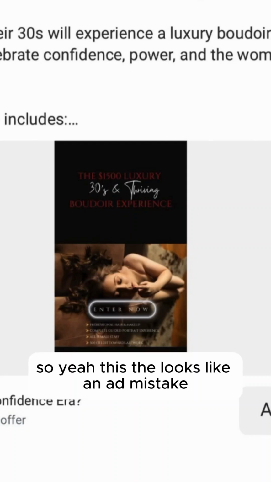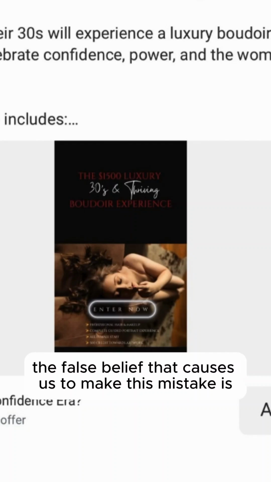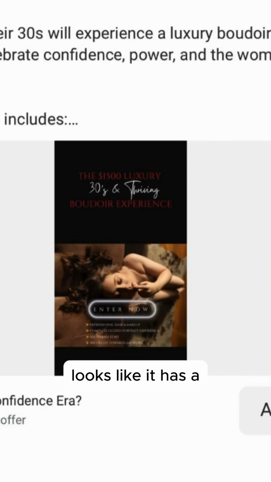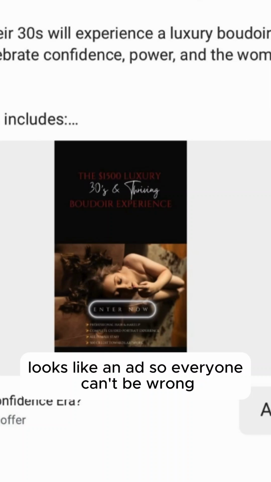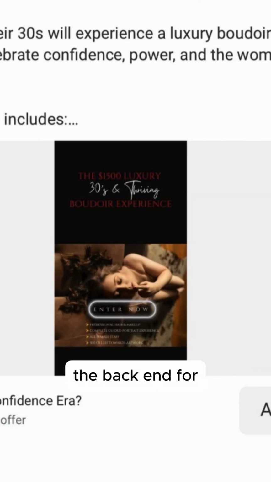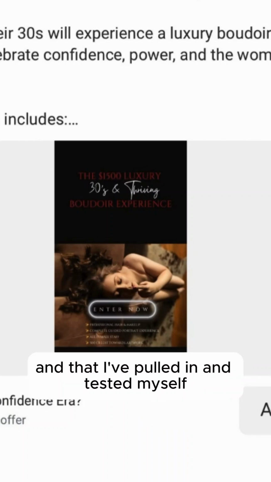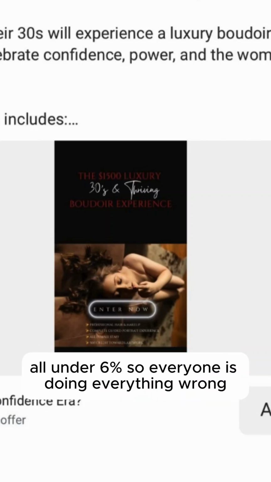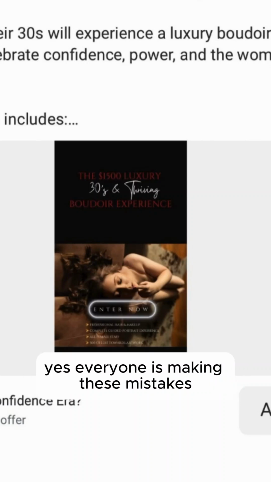So next, we look at the creative, the photo. Yeah, this looks like an ad mistake. The false belief that caused us to make this mistake is, well, every other Boudoir Facebook ad I've seen looks like an ad, so everyone can't be wrong, can they? Well, 100% of the Boudoir Facebook ads I've seen the back end for, and that I've pulled in and tested myself, have had BLCS, Boudoir low click syndrome, with a unique CTR under 6%. So everyone is making these mistakes.